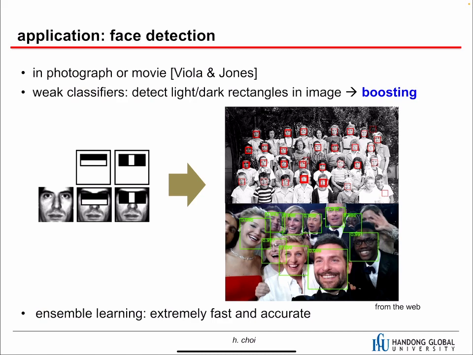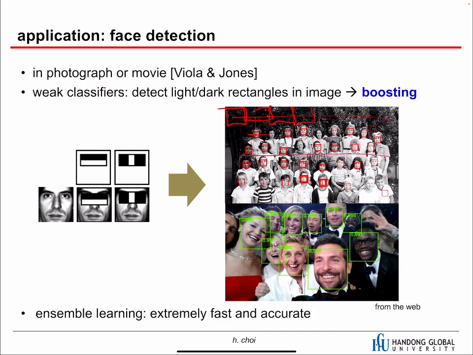Okay, now we have a couple of applications. Face detection. In this case, we use a simple weak classifier first because we have a lot of face images. Then if we apply a deep neural network, really complicated, complex model every time, then it takes too much time. So first we use a simple classifier really quickly.